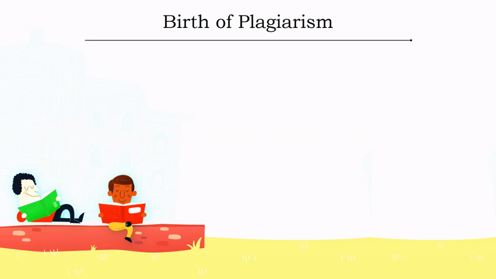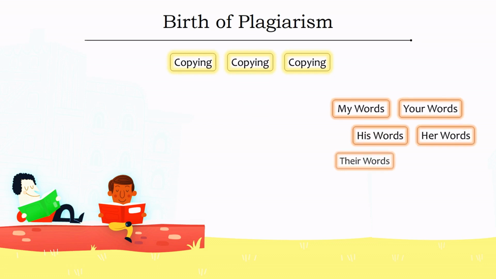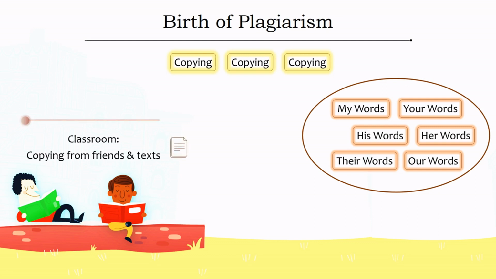Moving a long way back, how has the cheating culture evolved? It's just copying, and copying. It's nothing more than a jumble. My words, your words, his words, her words, their words, our words. The process seems to be infinitely growing and emerging into a broad spectrum. Classroom-based cheating turns to computer-based cheating.